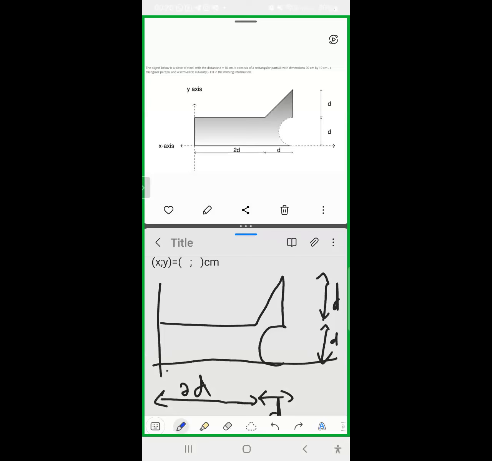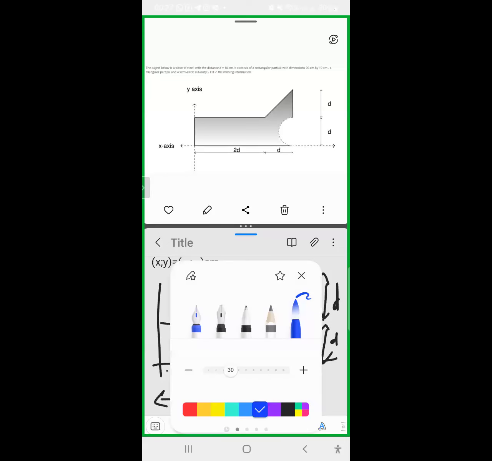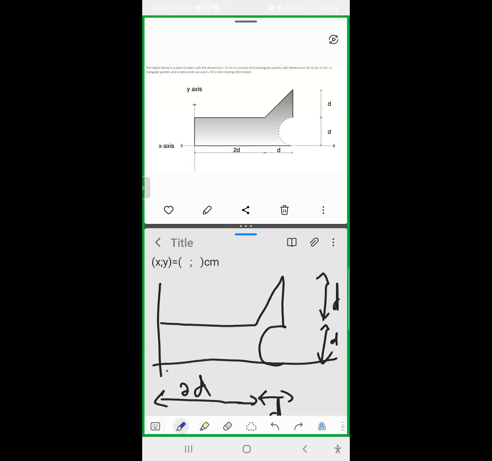They say it consists of a rectangular part A with dimensions 30 centimeters by 10. These dimensions simply mean that on this rectangular part, there's a side which is 30 centimeters and there's also another side which is 10 centimeters. Looking at the shape, this space is 2D plus D, which is 3D, and then 3 times 10, which is 30.